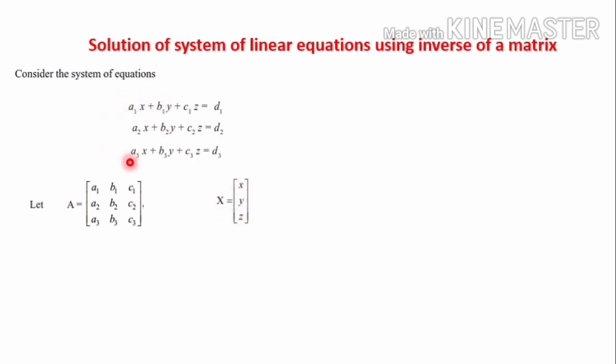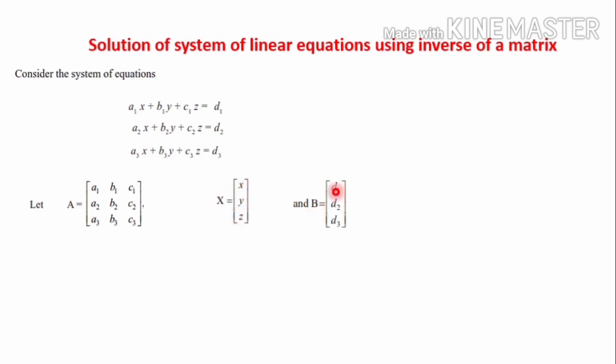Here when you check the given system of linear equations, it is clear that the variables are x, y and z, or simply the equations are in x, y and z. So x, y, z are the variables and we have to write it column wise, and this capital X is called the variable matrix because it is obtained by collecting the variables of the given system of equations. x, y, z are the variables.